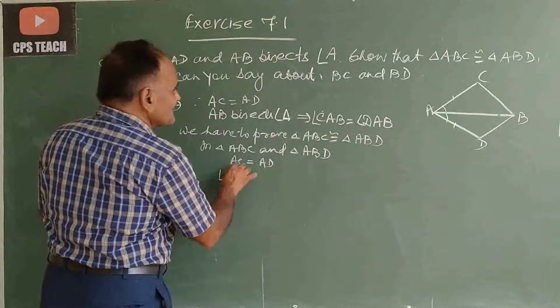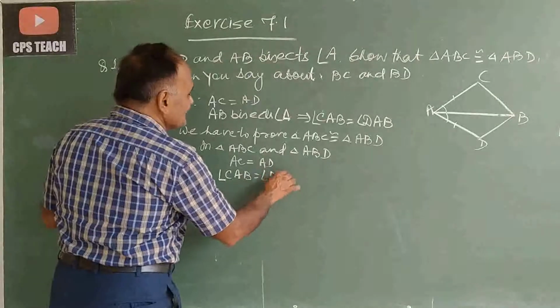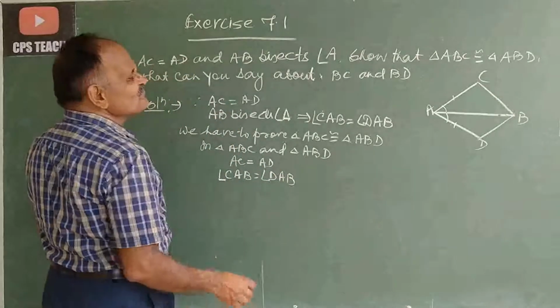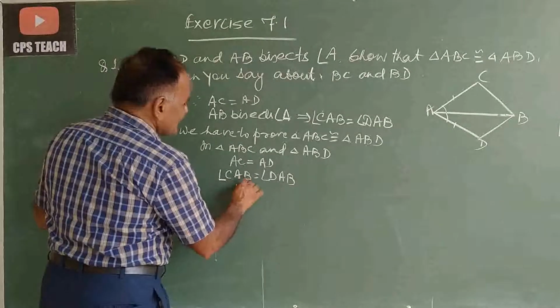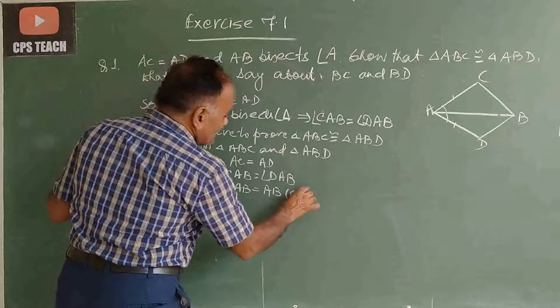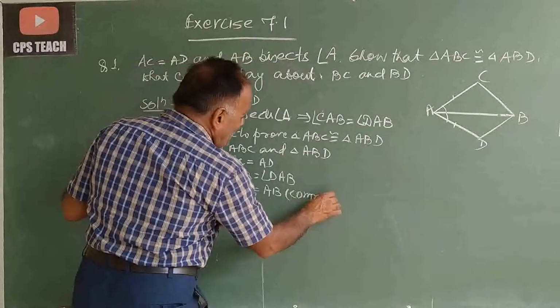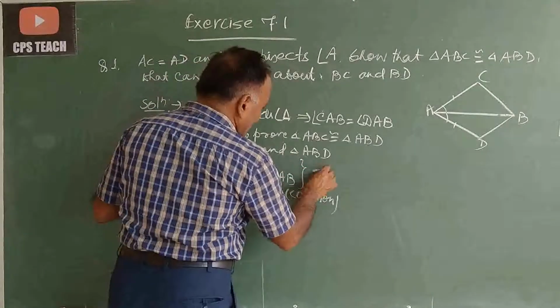angle CAB equals angle DAB, and AB equals AB. This is common, and these two things are given.